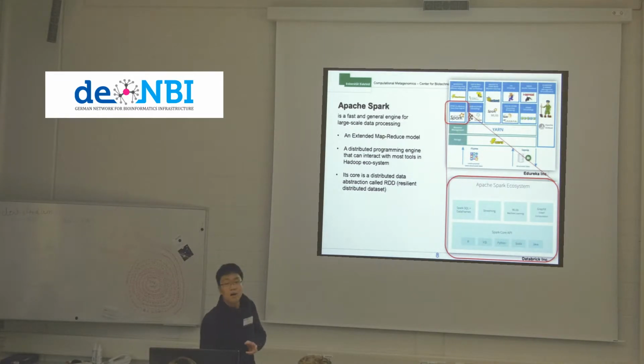The advantage of Spark is that it enables users to cache the data in memory, and thus improves the performance of iterative algorithms. And the core of the Spark framework is a distributed data abstraction, or data structure, called RDD, Resilient Distributed Datasets.